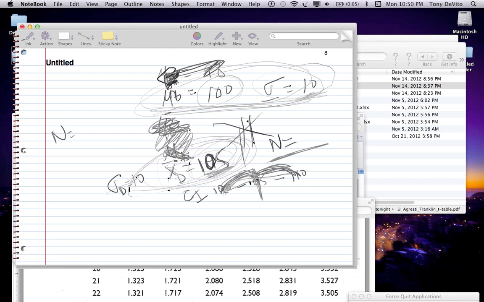So what's my margin of error got to be? My margin of error has to be 5, right? I can't tolerate a margin of error bigger than 5, because if it does turn out that the mean for the diabetics is 105, and my margin of error is 6, then my confidence interval is 99 to 111.